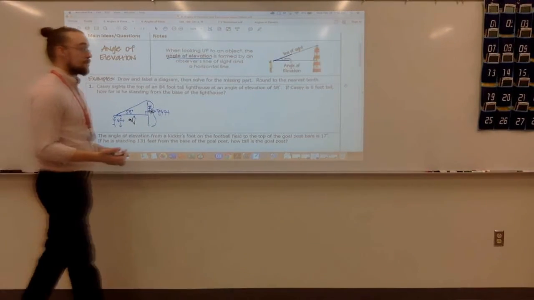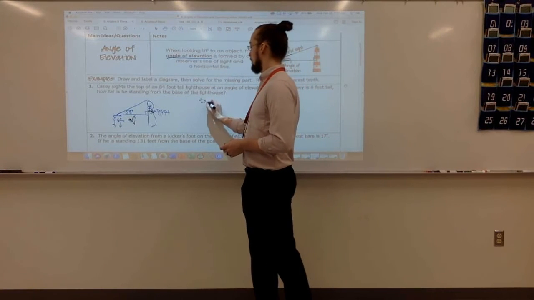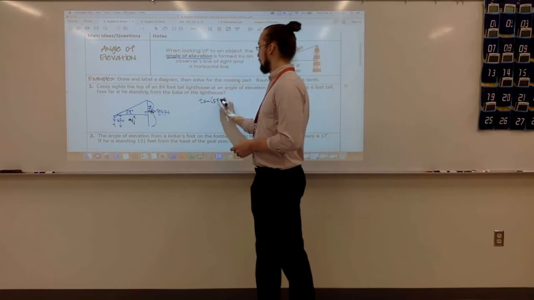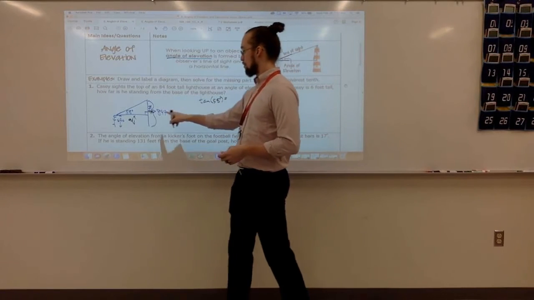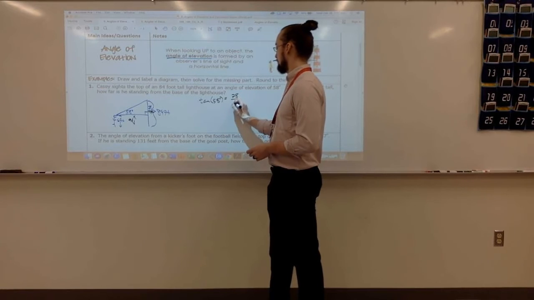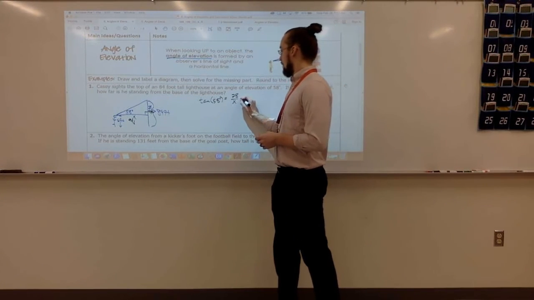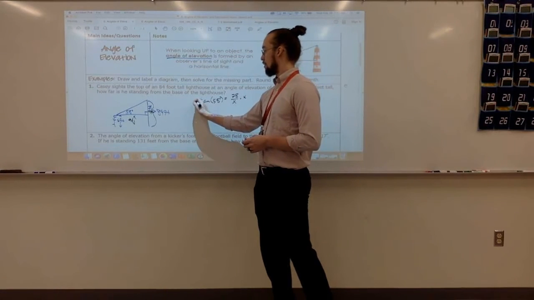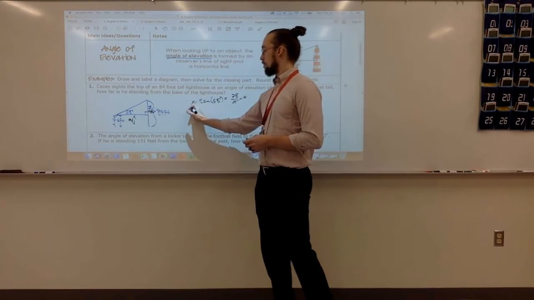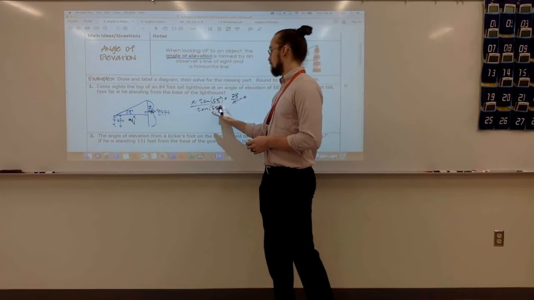So that trig function is going to be tangent. So we'll say tangent of 58 degrees equals 78 over x, opposite over adjacent. So this is one where we have x in the denominator. Solve, multiply the x over, divide both sides by the tangent of 58 degrees.